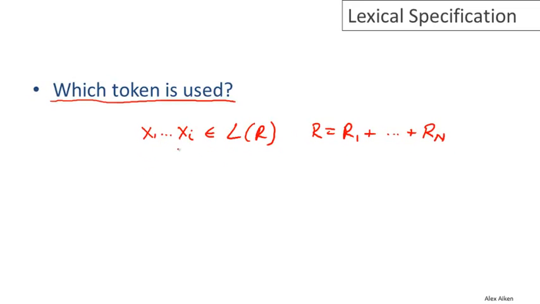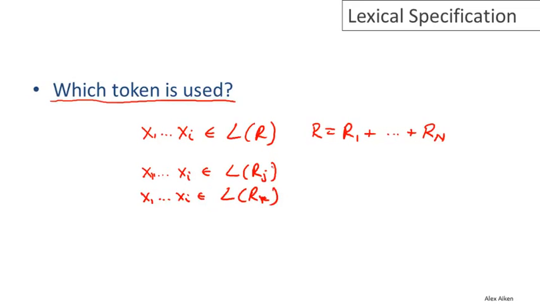Since this prefix is in the language of the lexical specification, that means that it must be in the language of some particular token class, Rj. But nothing says that it isn't also in the language of a completely different token class, meaning that this same string could be interpreted as one of two different tokens. And the question is, if this happens, which one should we pick?